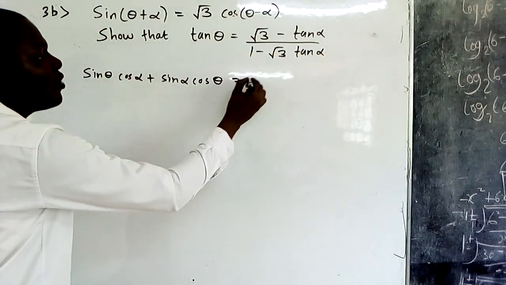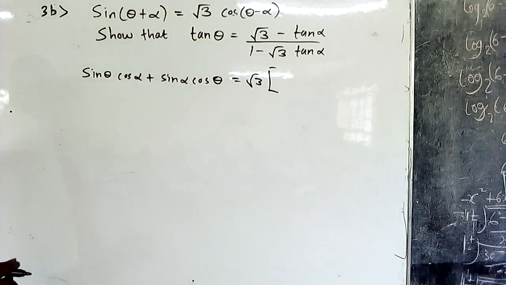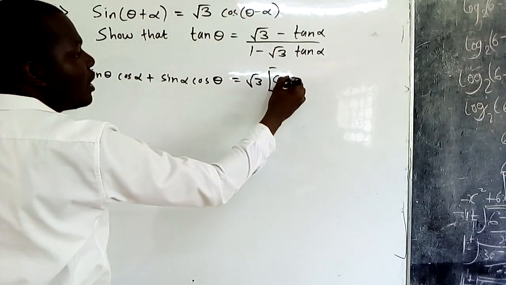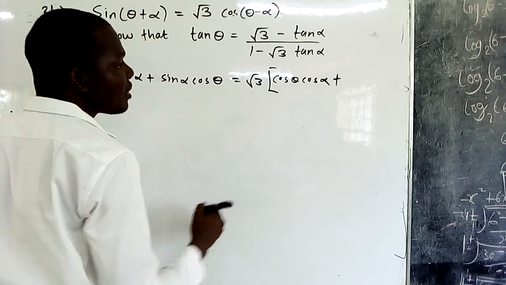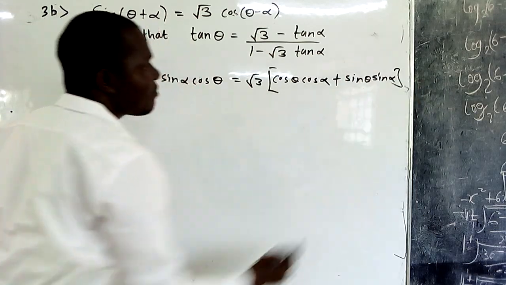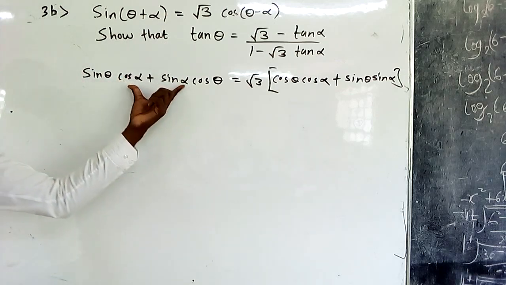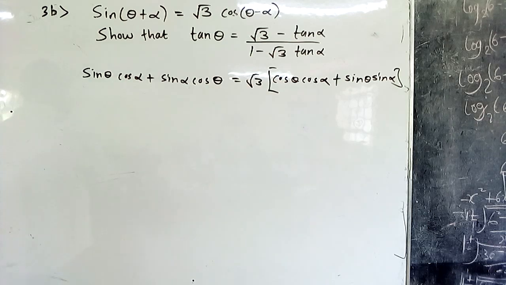To be equal to √3 into, then we expand cos(θ − α), isn't it? That is a cosine difference angle formula, isn't it? So cos(θ − α) is going to be cos θ cos α, when A is minus, it becomes plus, sin θ sin α.